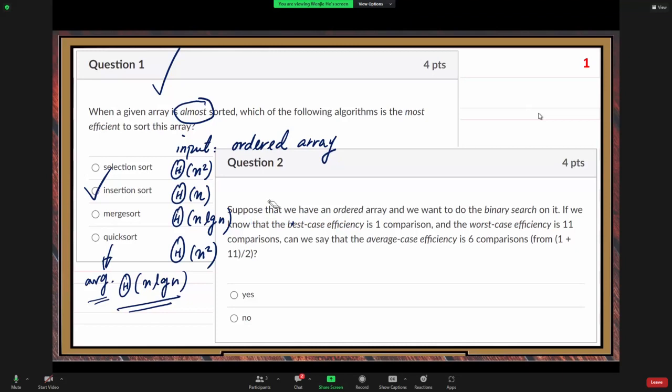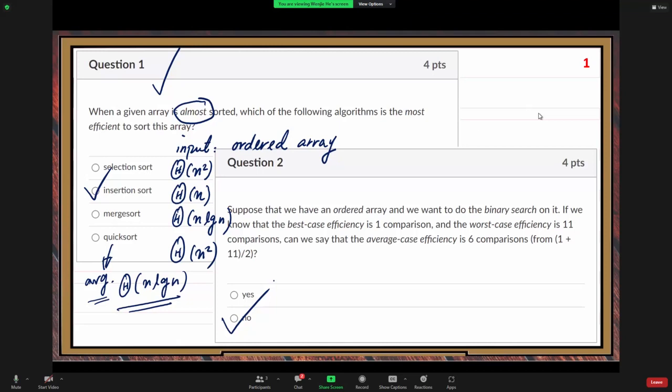Suppose, number 2, that we have an ordered array and we want to do binary search on it. Can we use the 6 comparisons as the average? The answer is no, we cannot. You cannot just use this average when you do not have specific weights.